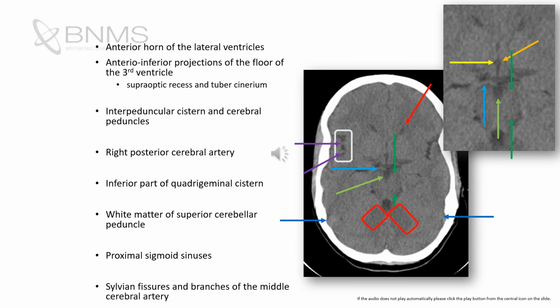The light blue arrow on both images shows the position of the right posterior cerebral artery as it arches in front of the cerebral peduncle. The right and left posterior cerebral arteries are derived from the basilar artery that we'll see more inferiorly.